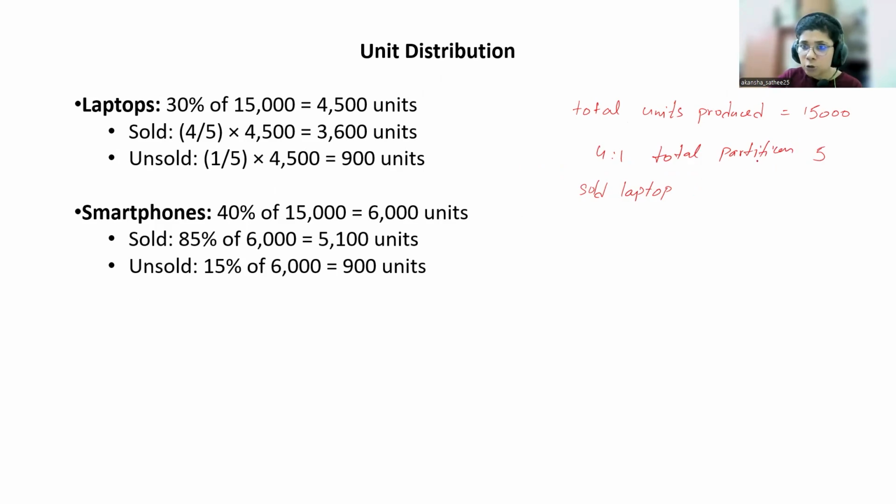Sold laptops is total laptops, that is 4,500 into 4 upon 5, and that is equal to 3,600. Similarly, unsold is 1 upon 5 of total laptops, that is 900 units. So what is the given data? Total laptops produced by the company is 4,500. Out of 4,500 units, 3,600 units are sold and 900 units unsold.